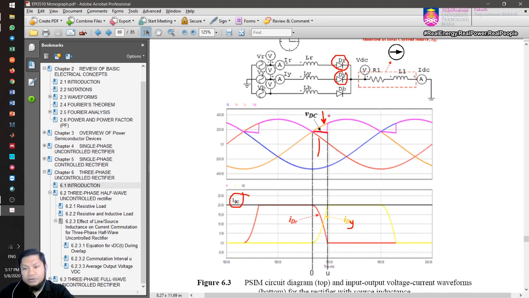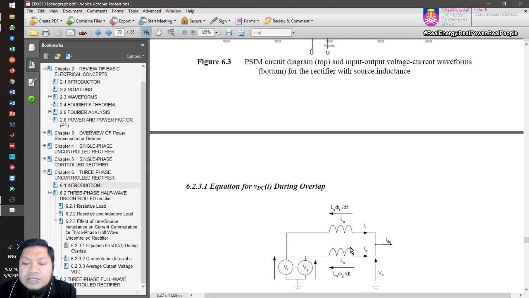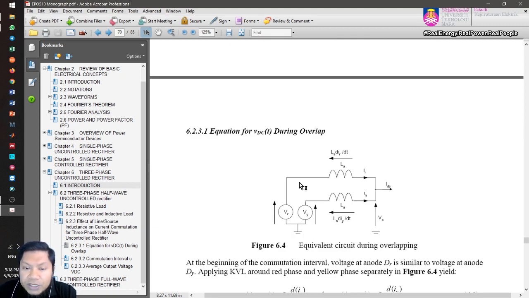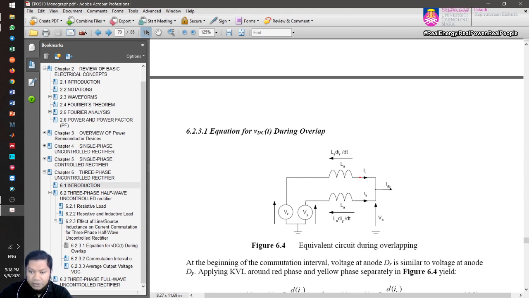Okay. So now we're going to look at what will be the equation for output voltage. To do that, we draw the equivalent circuit during overlap. Just consider between red and yellow voltage, and we have this diode DR on, so it appears as a short circuit. Then we also have D yellow at the bottom here.